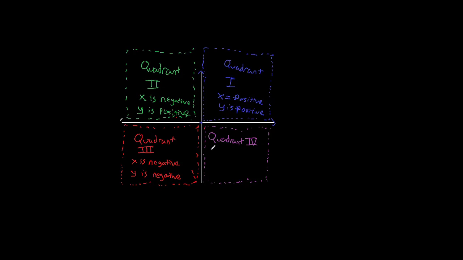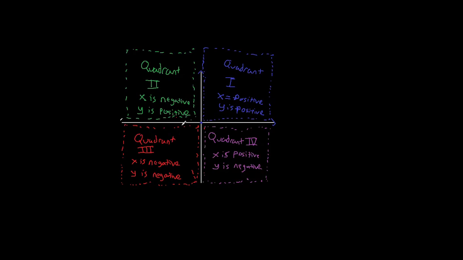And here, because we're south of the x-axis, y is negative. Because we're right of the y-axis, x is positive. So in this case, x is positive, and y is negative. And these quadrants are going to play a bigger role when we talk about trigonometry.